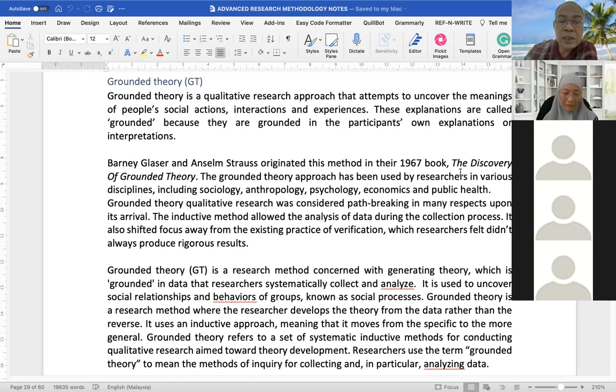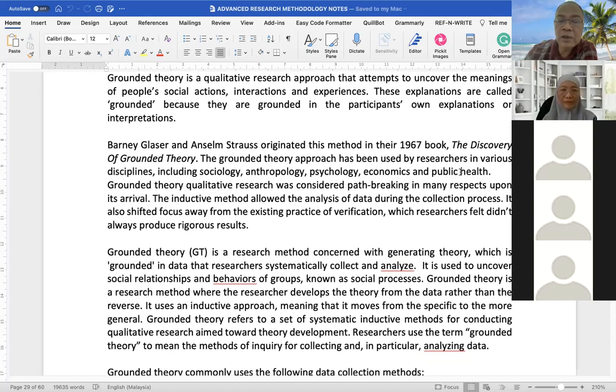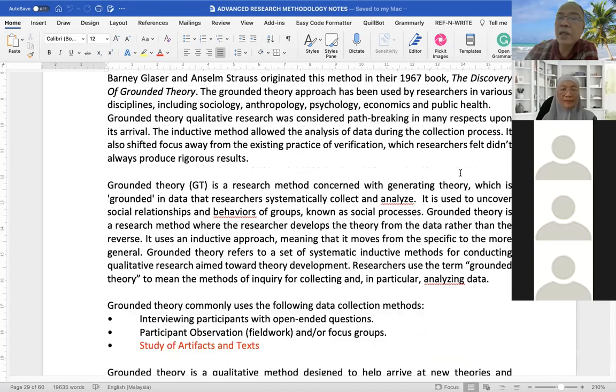Grounded theory refers to a set of systematic inductive methods for conducting qualitative research aimed towards theory development. So the purpose of grounded theory is to develop a new theory regarding interactions among people, regarding social relationships among the people from a certain group.